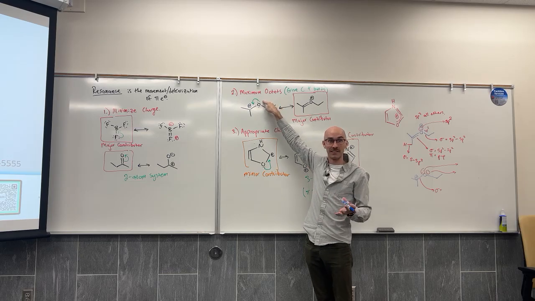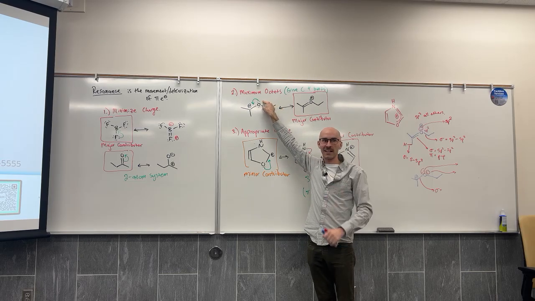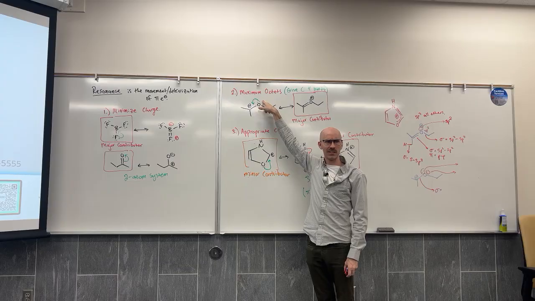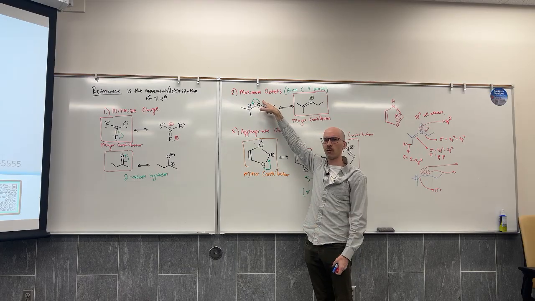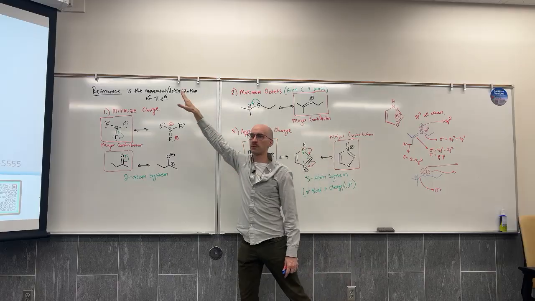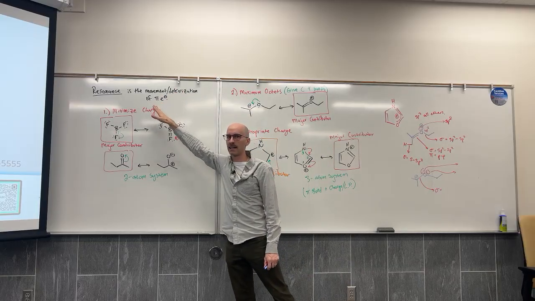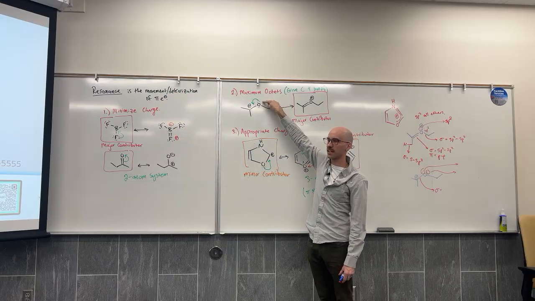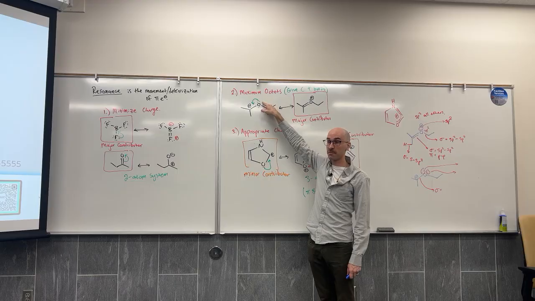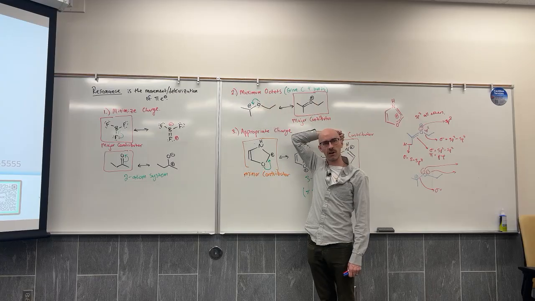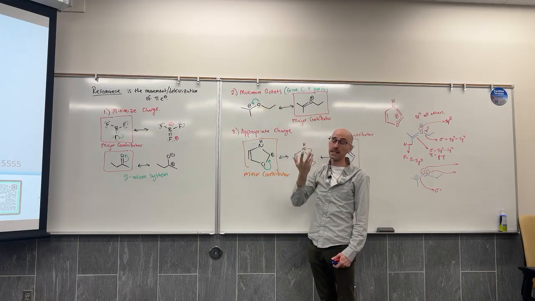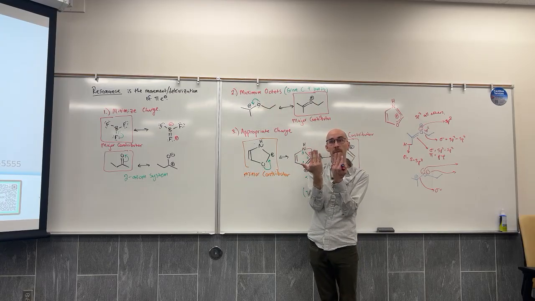It's pi electrons. It doesn't look like it's pi electrons, does it? It looks like a non-bonding lone pair in an sp3 orbital. But because resonance is the movement of pi electrons, and these electrons are moving, these must be pi electrons. And pi electrons are held in p orbitals. That's how we make pi bonds.